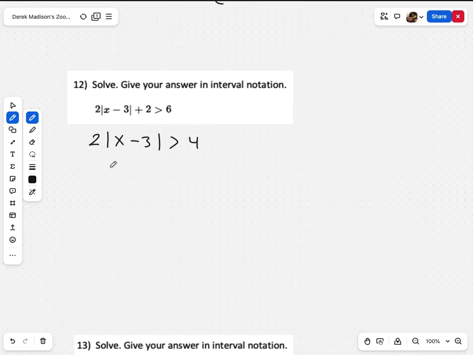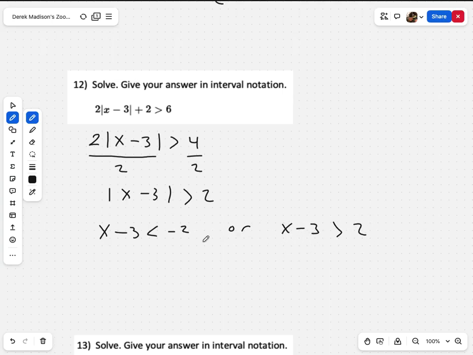We'll go minus 2, and then we'll divide the 2 out front on both sides. That's going to give us x minus 3 is greater than 2. So for greater than, it's either x minus 3 is less than the negative of 2, or x minus 3 is greater than the positive side.